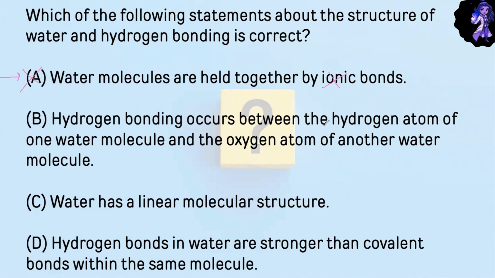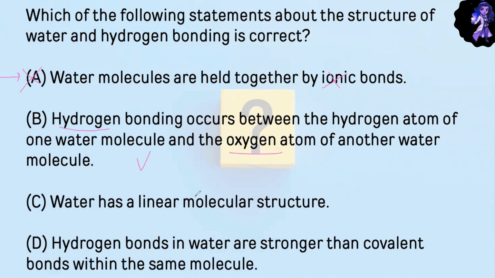Choice B: hydrogen bonding occurs between the hydrogen atom of one water molecule and the oxygen of another water molecule. This is a fair statement because we're talking about the relationship and bonding between hydrogen and oxygen, and it talks about how those water molecules stick together. So we're going to put a little check mark there, just ensuring that we come back to the other option choices.